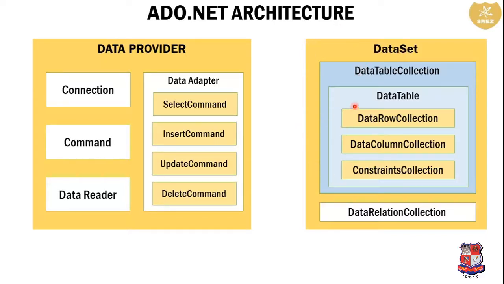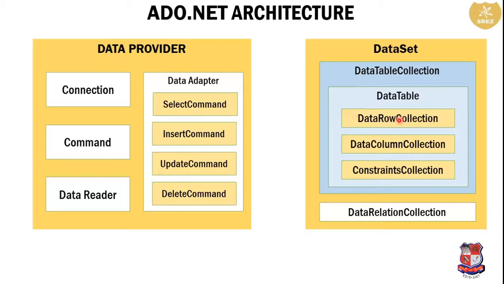So this is the second part of our architecture. Let us revise it. First we have connection, command, data reader, data adapter. These four combine to form the data provider objects. And then the second part comprises the data set. We focus from the inner side and then go out.